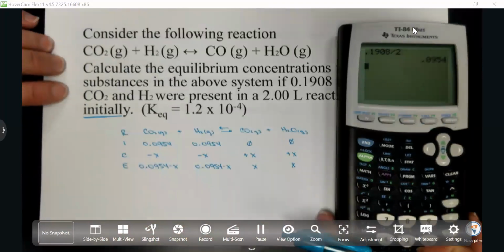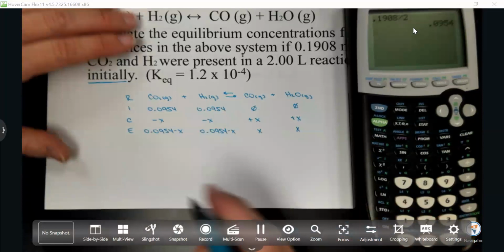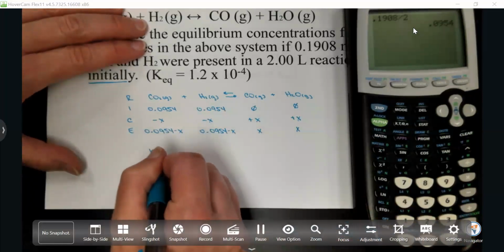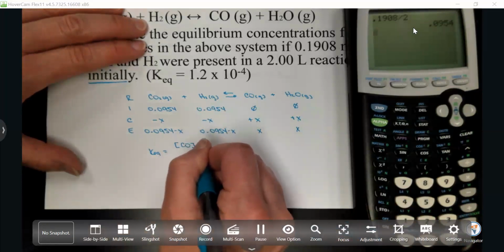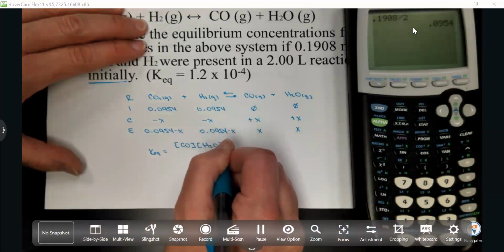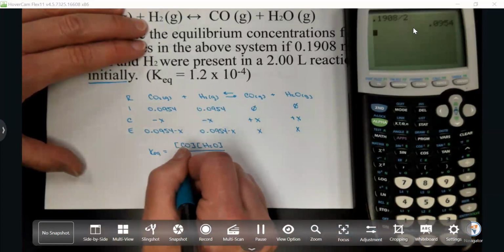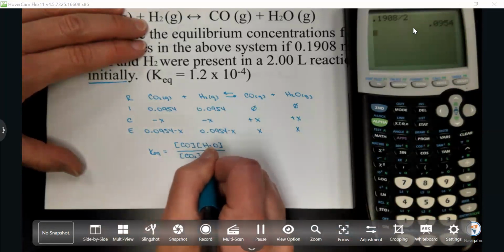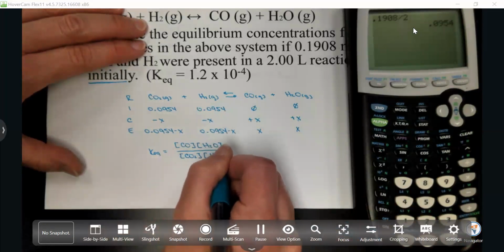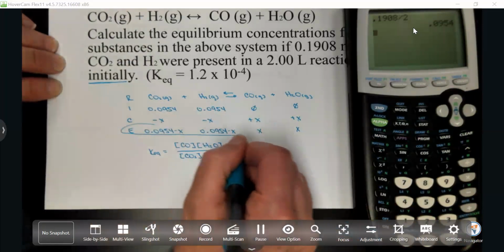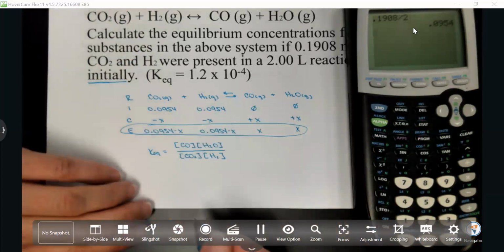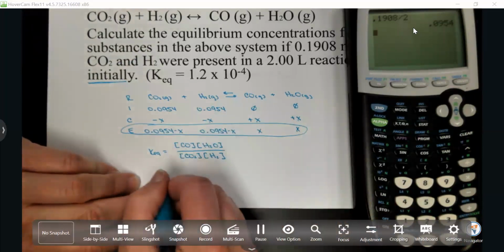So we then write our equilibrium expression. So KEQ equals the concentration of our products over the concentration of our reactants. So let's go ahead and plug everything in our equilibrium row into our equilibrium expression.